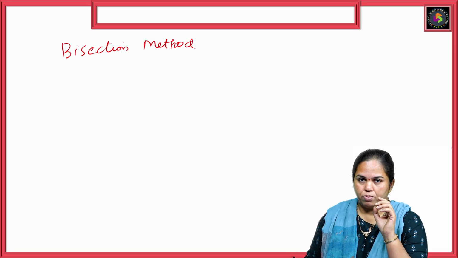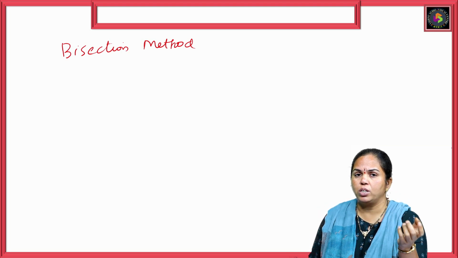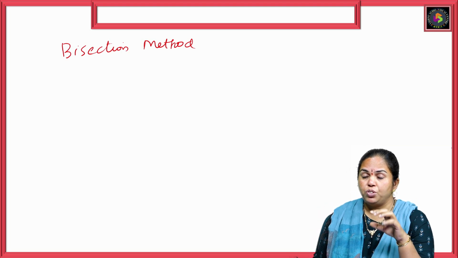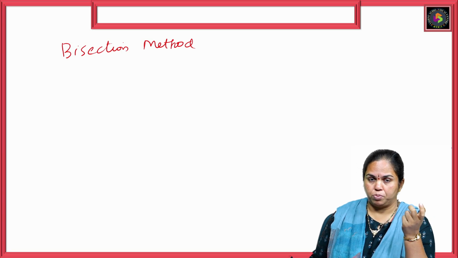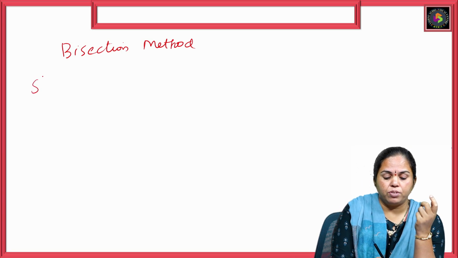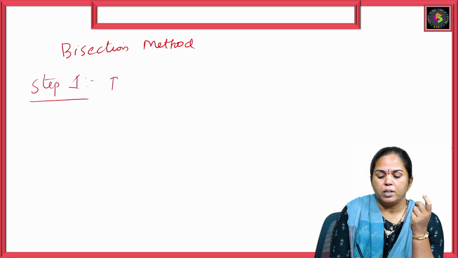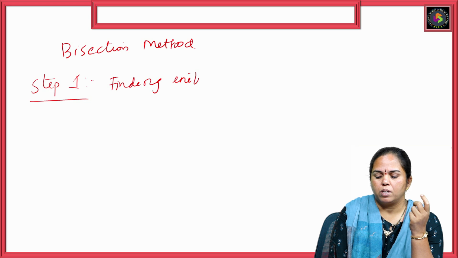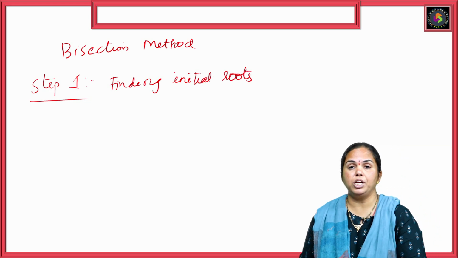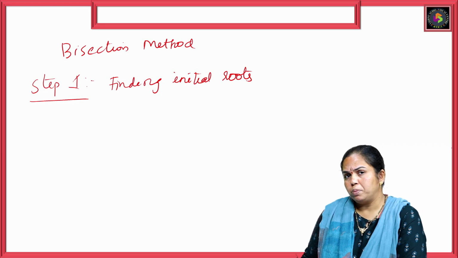Irrespective of the method, in a numerical method for finding the solution of an equation, first we need to find the initial roots. Always, for any procedure, the first step will be finding initial roots. What is meant by initial root?